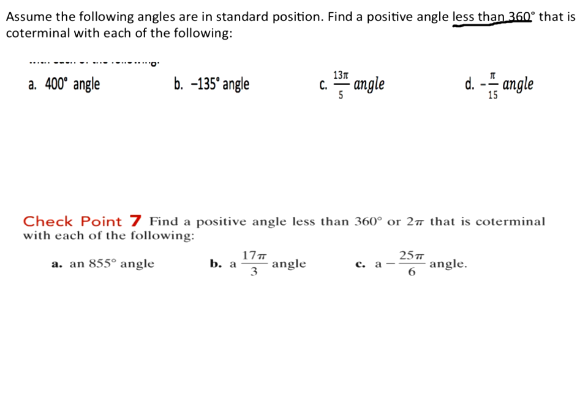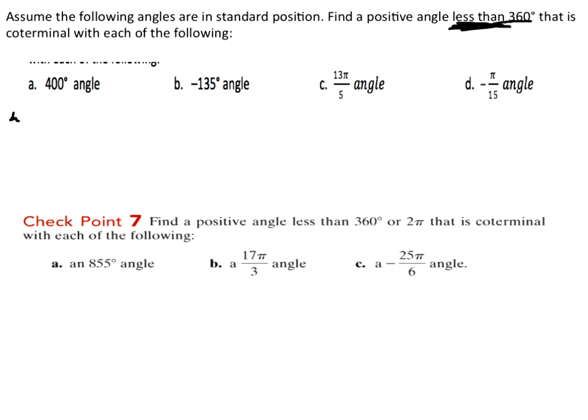Once around the circle is 360 degrees. Twice around the circle is 720 degrees. So 400 degrees lies somewhere between once and twice around the circle, and I'm wanting to find a positive angle less than 360 degrees.